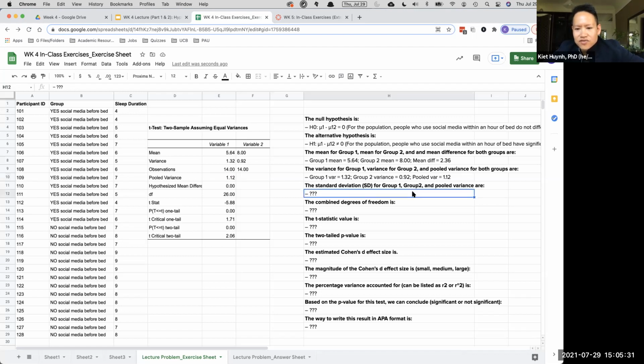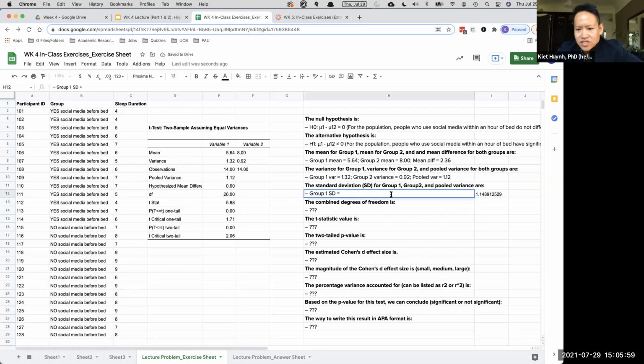The standard deviation for group 1, group 2, and pooled variance. Okay, we have to do some calculations. Remember, the standard deviation is the square root of the variance. So for group 1, standard deviation equals the square root of the variance, 1.32. Enter.